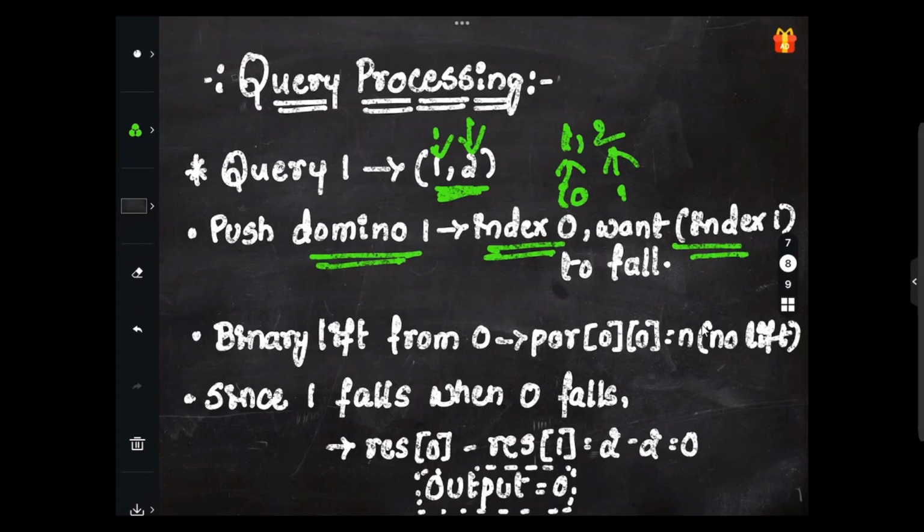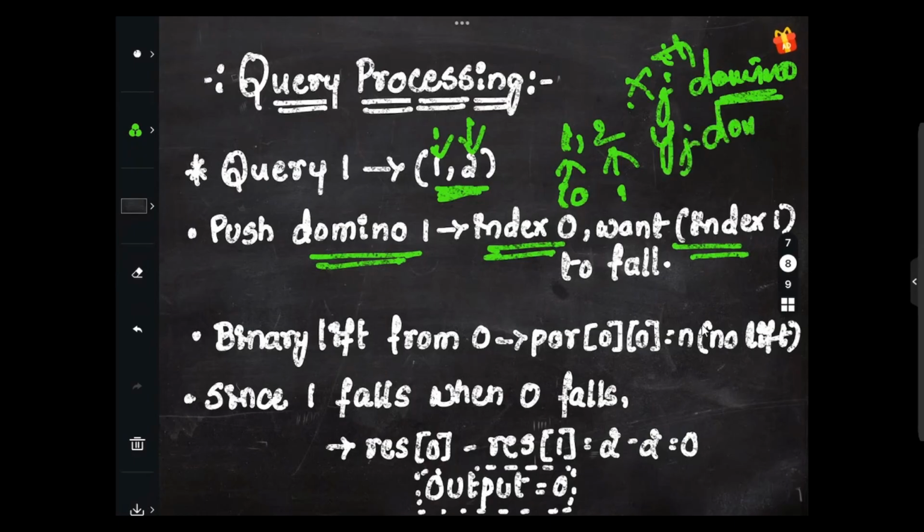So according to the question, we need to find the height required for the xth domino to fall, so that the yth domino also falls, right? So here we want index 0, nothing but the value 1, to fall, so that index 1 falls as well.